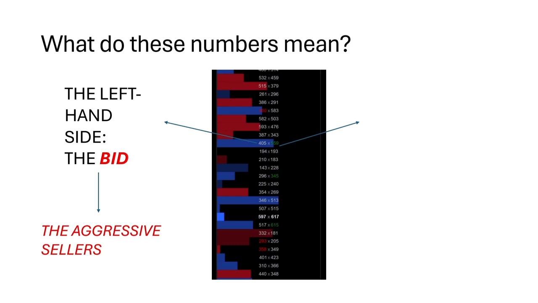I want you to almost visualize it as a tug of war, right? The story can be seen as a tug of war or an auction between buyers and sellers for this particular price and time. So let's say this is a 1-minute candle, just for argument's sake, S&P 500 futures. Now, if you're looking at this, 405 simply represents the aggressive sellers.